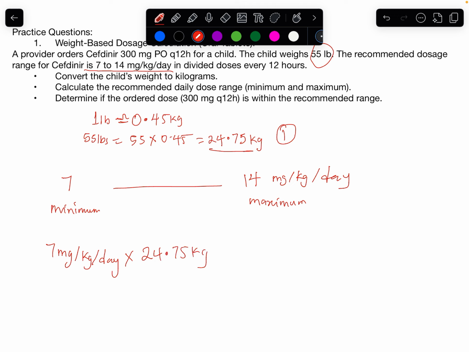Remember that we take note of the units: this kilogram cancels this kilogram. So 7 times 24.75 gives us 173.25 milligrams per day. This is the minimum dosage range per day.